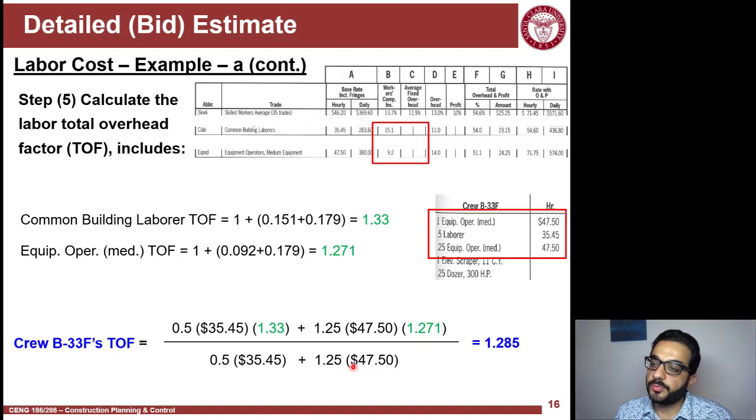And then I divide by the number and hourly rate of each added up. So I'm literally doing a weighted average here, using the number of workers and the rates in the crew. And I end up here with a collective TOF value, total overhead factor, of 1.25.